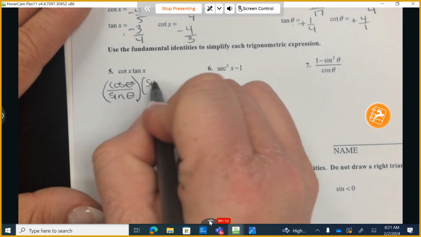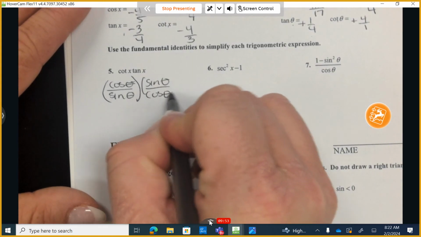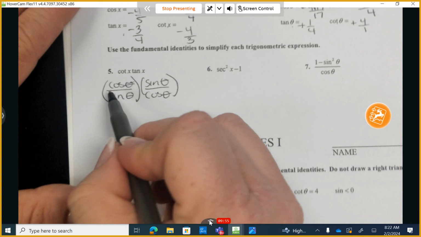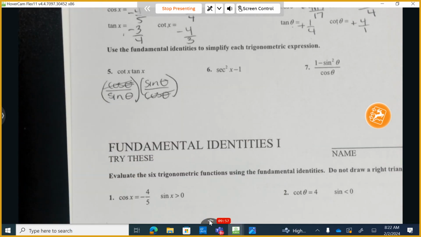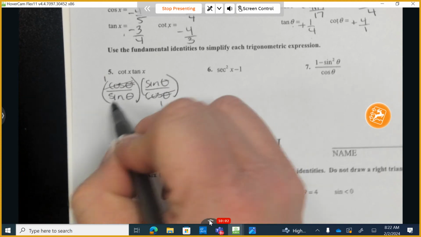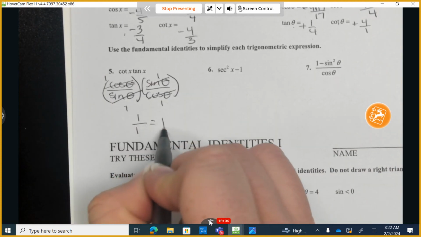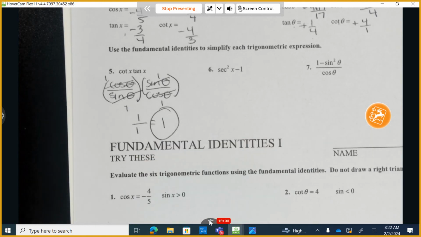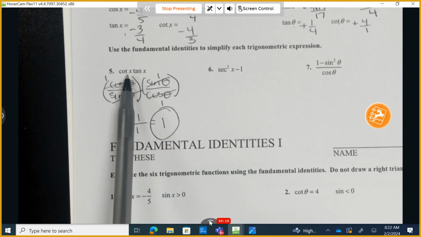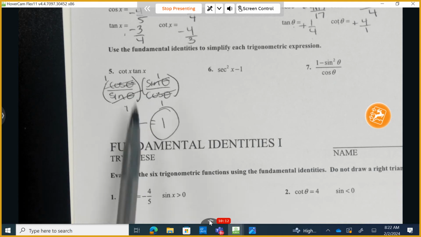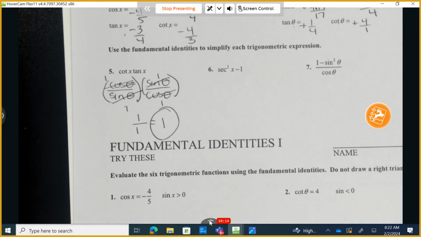This is a perfect example where if you just use the words cancel out, as if they disappear, that would be wrong. They simplify to 1, and this simplifies to 1. 1 times 1 is 1, and we get a final answer of 1. So cotangent of x times tangent of x is equivalent to 1.